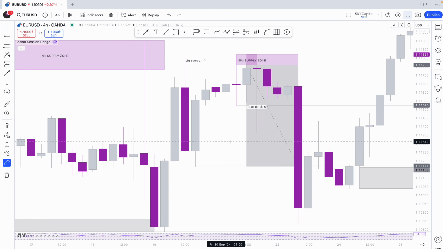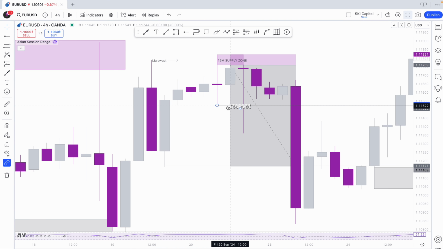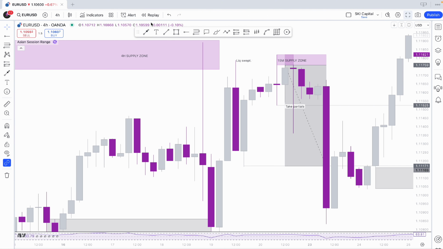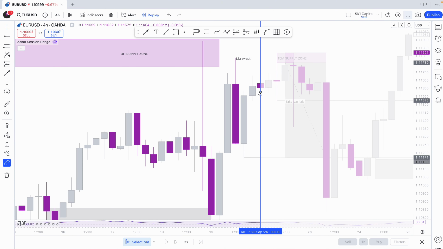This previous low was 1 to 3 risk reward, and I took partials, because I'm going counter trend and I want to secure the bag. So I will go partial on this, and then the final TP will be 1 to 10 risk reward, right?